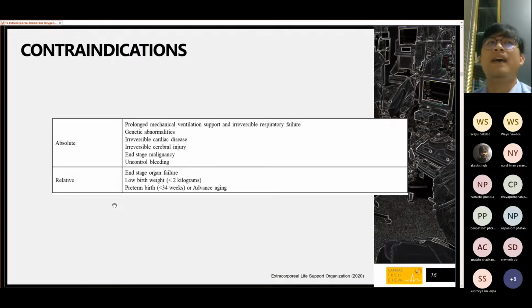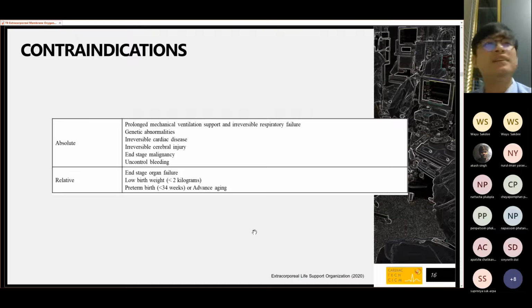Okay, however, there is some equation. So the main idea is that it's quite complicated, like if the patient is irreversible, cannot come back, they're gonna make a decision to use or not use, something like that.